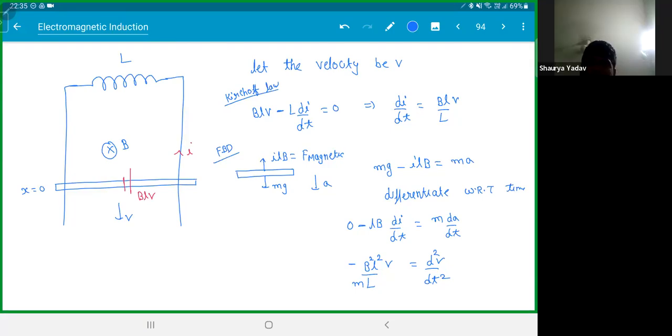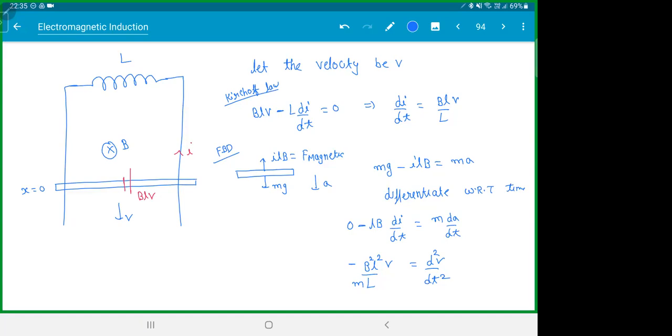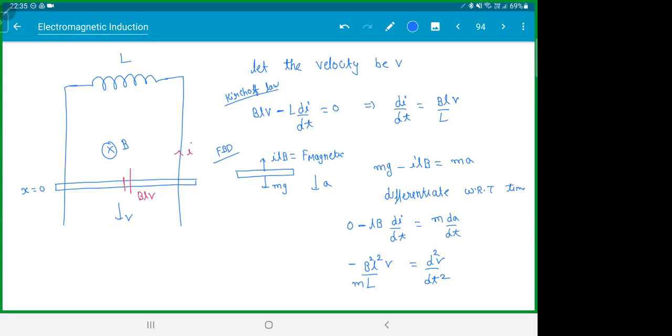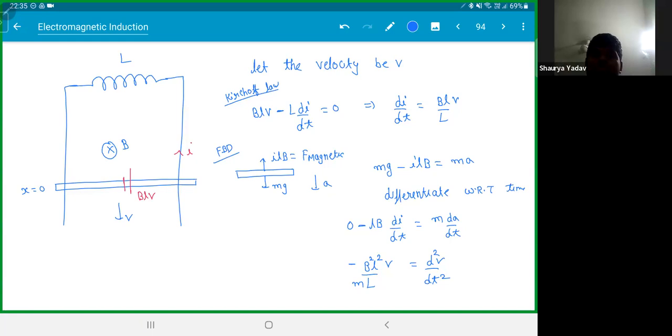Sir, here we can't substitute I as Vt by L. I is equal to integral of V dt by L. V is variable, no? How will you integrate V?